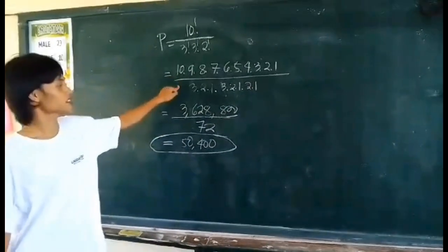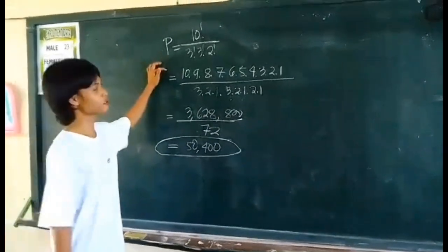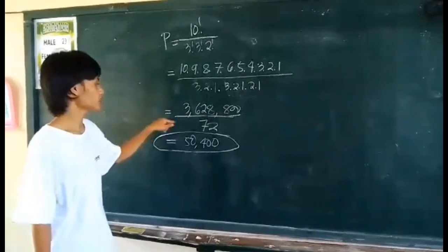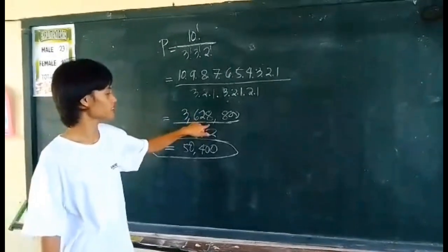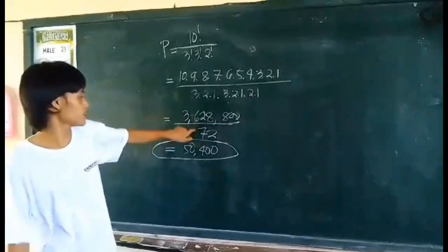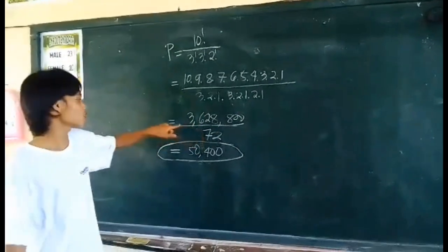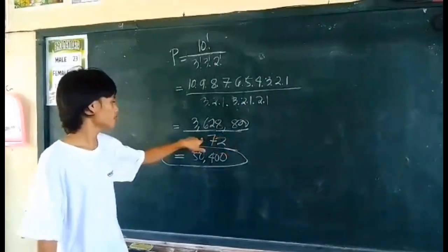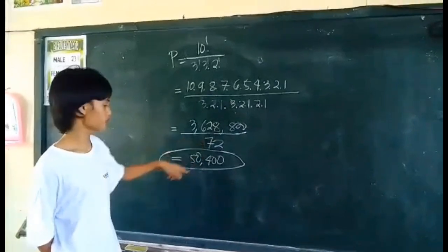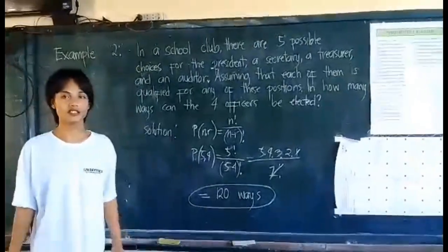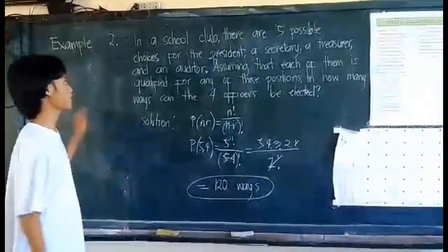So 10 times 9 times 8 and so on down to 1 is equal to 3,628,800 over 72. So 3,628,800 divided by 72 is equal to 50,400. So from now on, let's go to the second example.